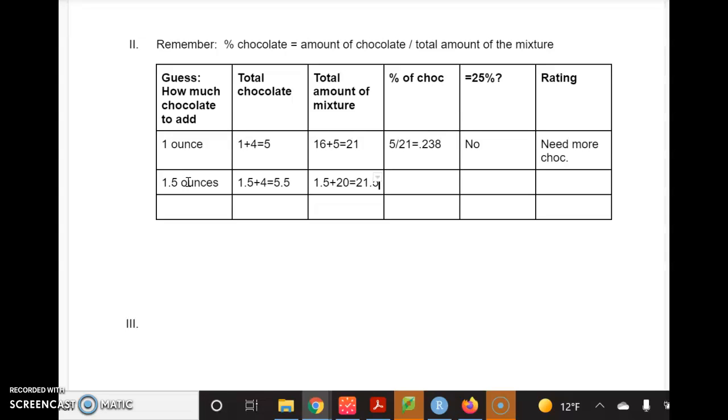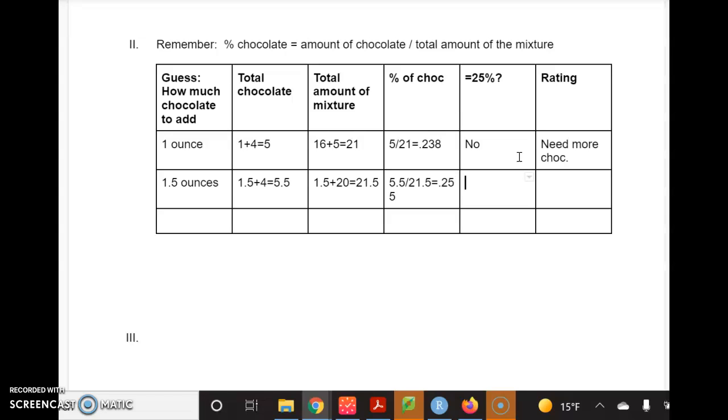We could have also done 5.5 plus 16. 21.5 ounces total mixture. And so now we have 5.5 divided by 21.5. If I get my calculator out and do that, I got 0.255.